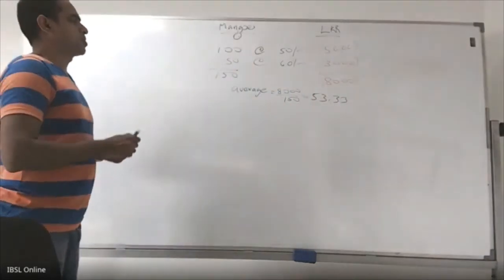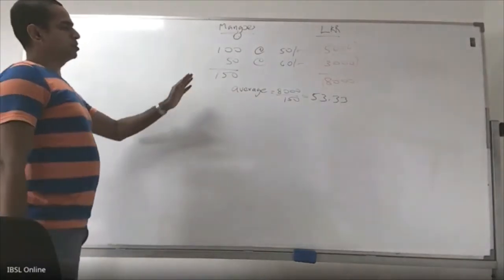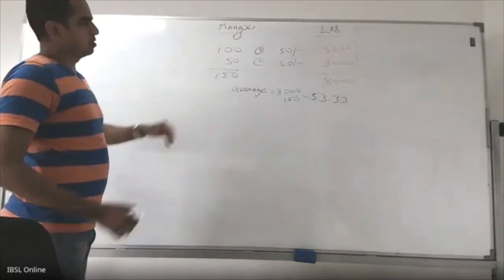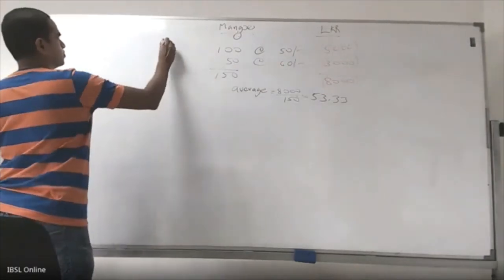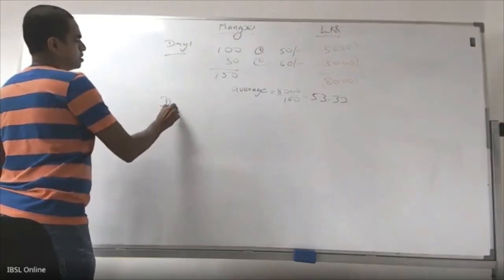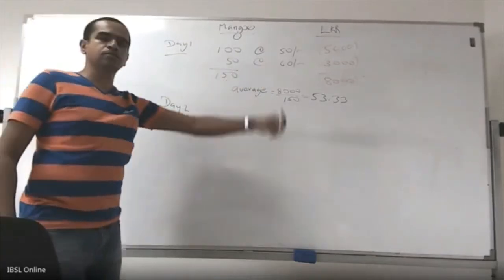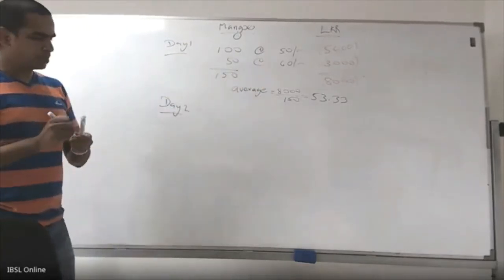Right. So the next day you begin. This is day 1, and day 2. You begin with 150 mangoes. You are short of 8,000 bucks. Right.